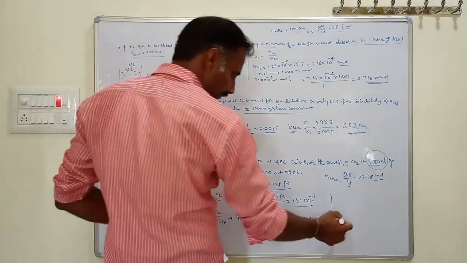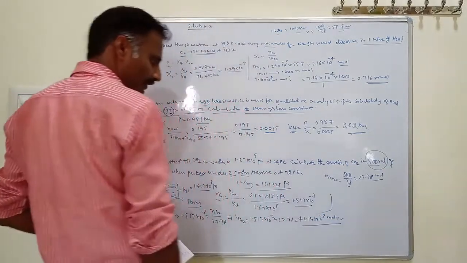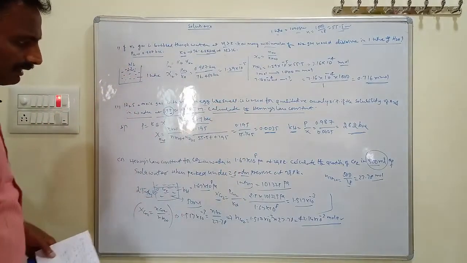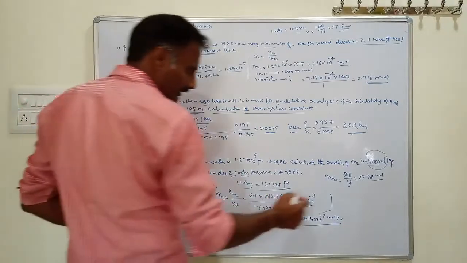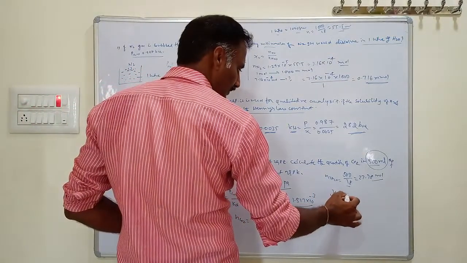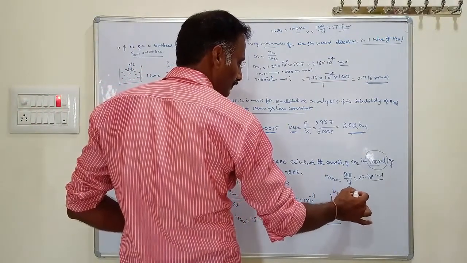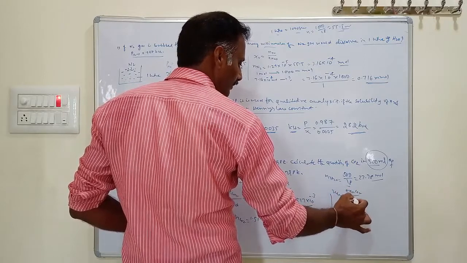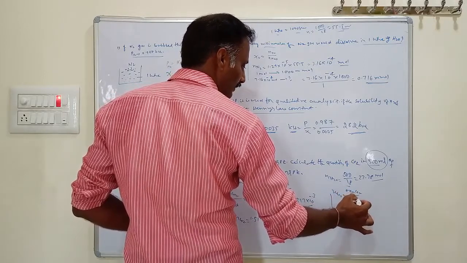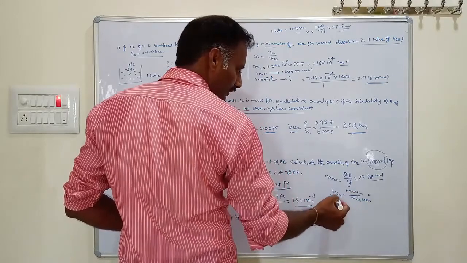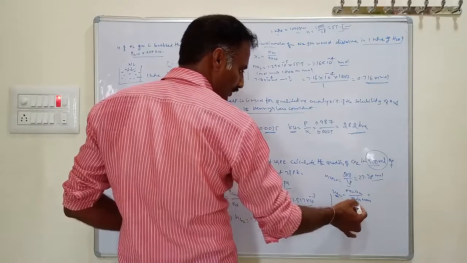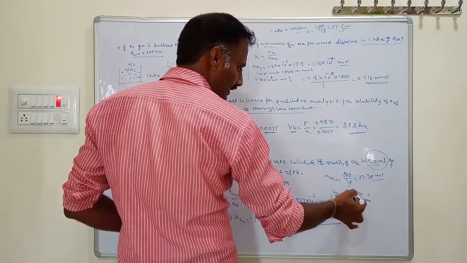After getting the moles, this can also be converted into mass. For the conversion of moles into mass, the number of moles of CO2 equals mass of CO2 divided by molar mass. If you know the number of moles of CO2 and the molar mass, you can calculate the mass of CO2.